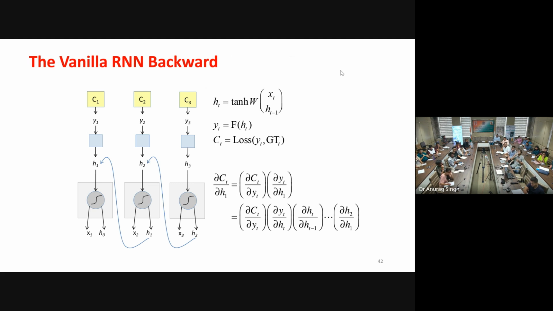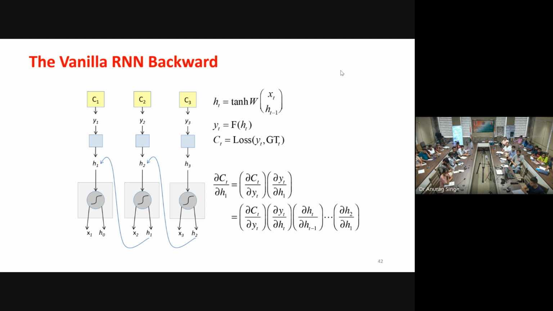When you are going to have multiple time steps, you see that this is your loss function at time t is equal to 3. So you are going to find out the change in your C3 with respect to W. This will also depend upon how your C2 is changing with respect to W. This is also depending upon how C1 is changing with respect to W. And it also depends upon what input is coming, because this S3 is taking input of S2, and this is taking an input of H1.